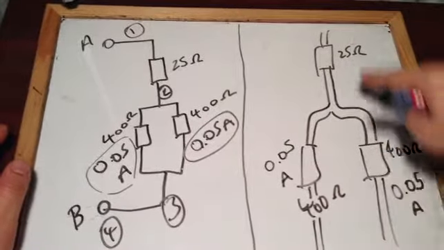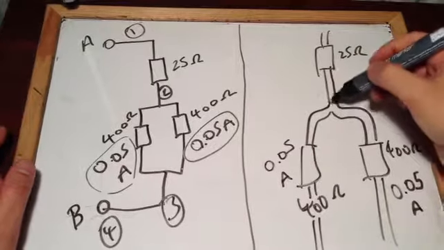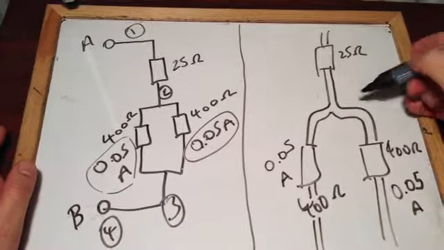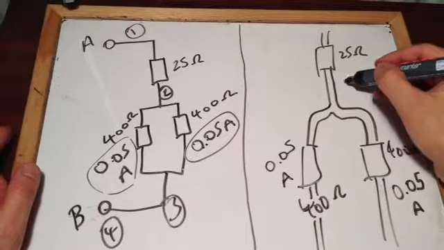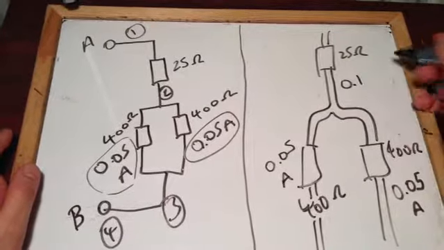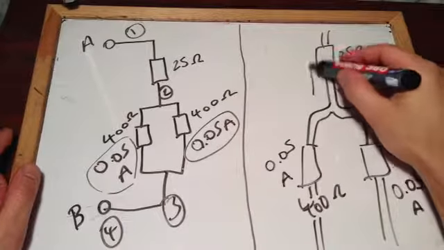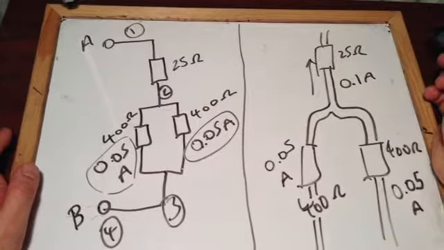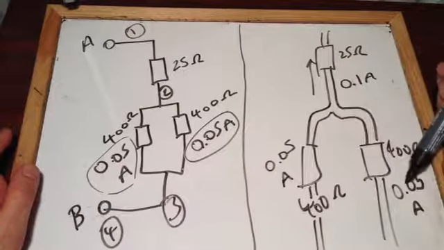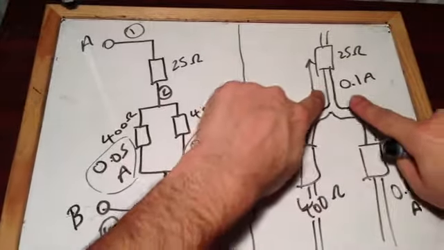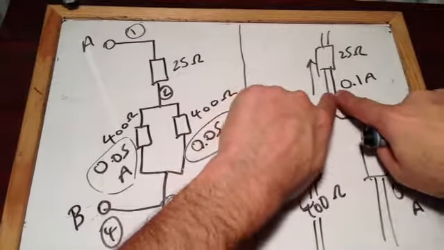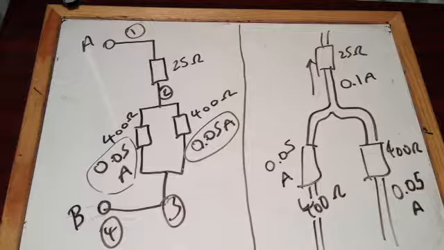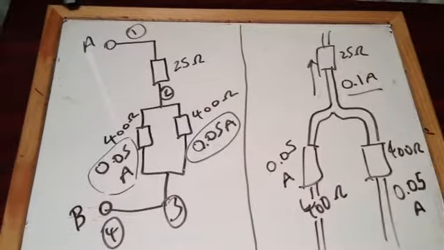When the path joins again, I've got 0.05 coming from here and 0.05 coming from here, so I must have a combined total of 0.1 amps going through this 25 ohm resistor. That is 0.05 plus 0.05, both pathways coming together. If I had 10 people here and 10 people here, I'd have 20 people going down this pathway. So that's how we've done the second part of B.